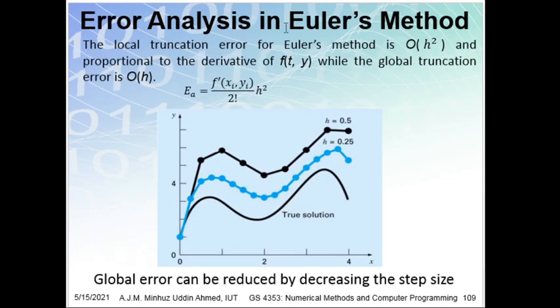Okay, error analysis in Euler's method. The local truncation error for the Euler method is O(h^2) and proportional to the derivative of f(t, y), while the global truncation error is O(h). I think we don't need to focus on these things.